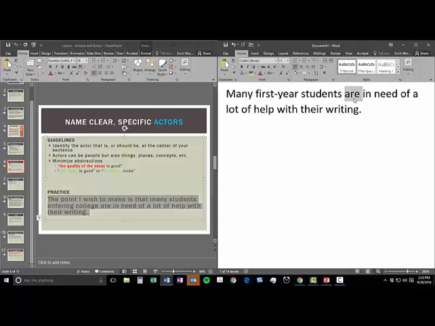It's really a signal that we could have a stronger, more clear, more specific action in there. For example, need. And I'm just taking out stuff we don't need. Many first-year students need help with their writing.